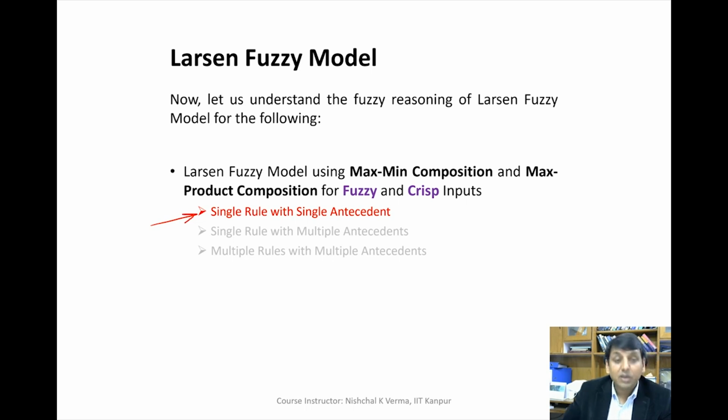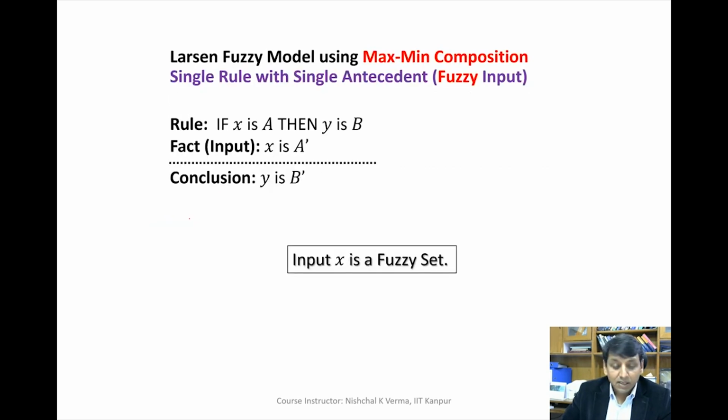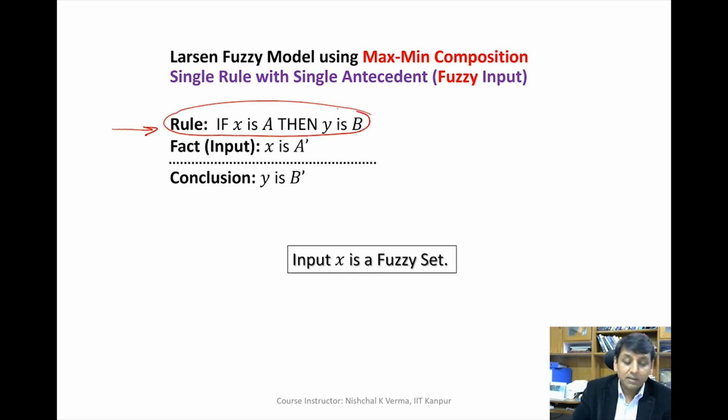This is the first case where we have single rule with single antecedent. We have the rule of this type. Please see here. So here we have the single antecedent and the single rule. We have a Larsen fuzzy model which has only one rule, and in the rule we have only one antecedent, that is, the single antecedent.